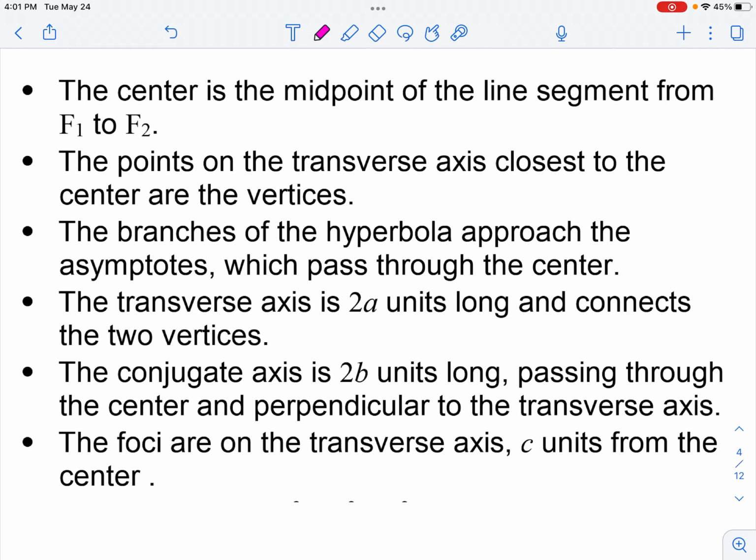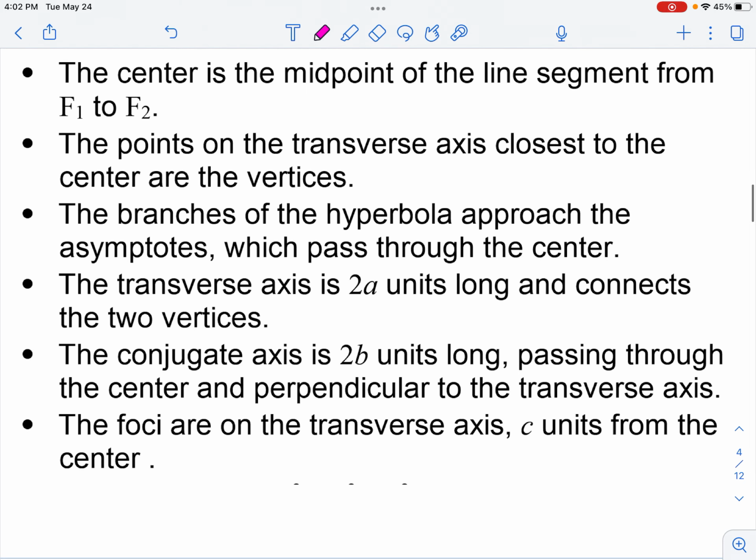And the asymptotes pass through the center of the graph, okay? The transverse axis is 2A units long, and it connects the two vertices. The conjugate axis is 2B units long, and it passes through the center and is perpendicular to the transverse axis. The focus points, the foci, are on the transverse axis. They are C units from the center, which is the biggest distance on our diagram.